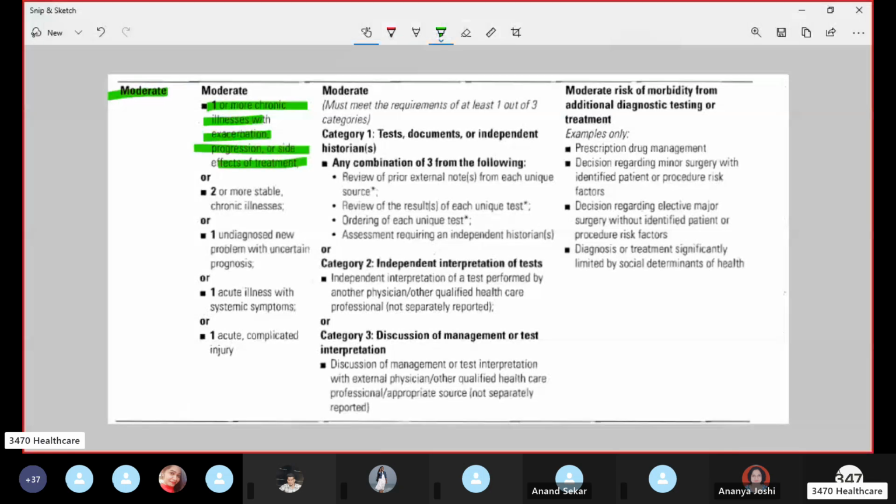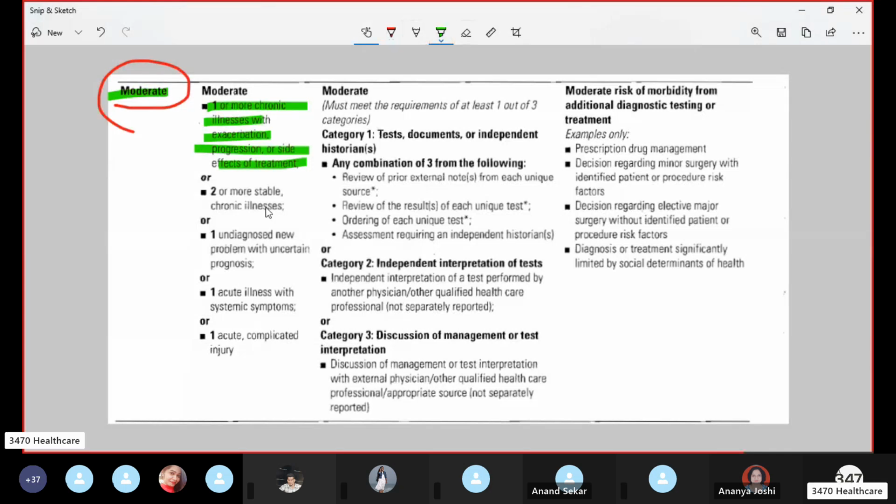If that chronic condition today is worsening, severe, uncontrolled, then it is for the moderate, because that chronic condition today is an exacerbation.